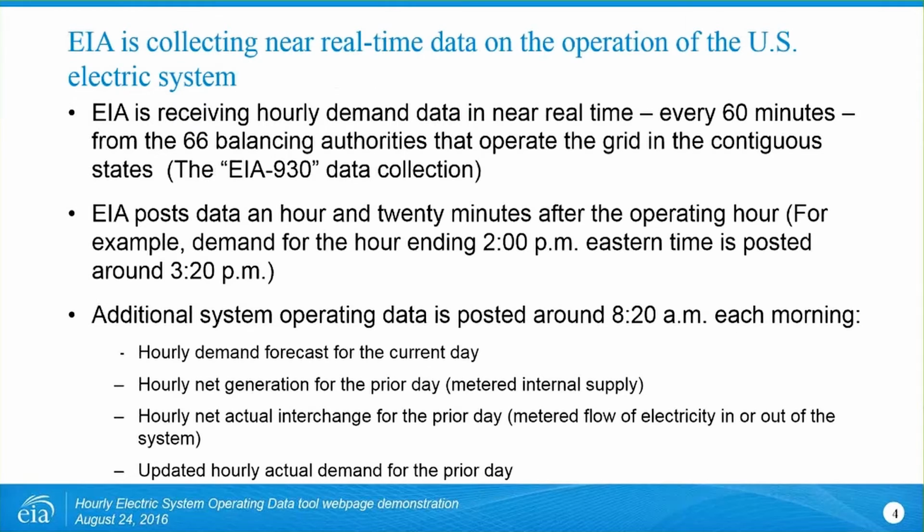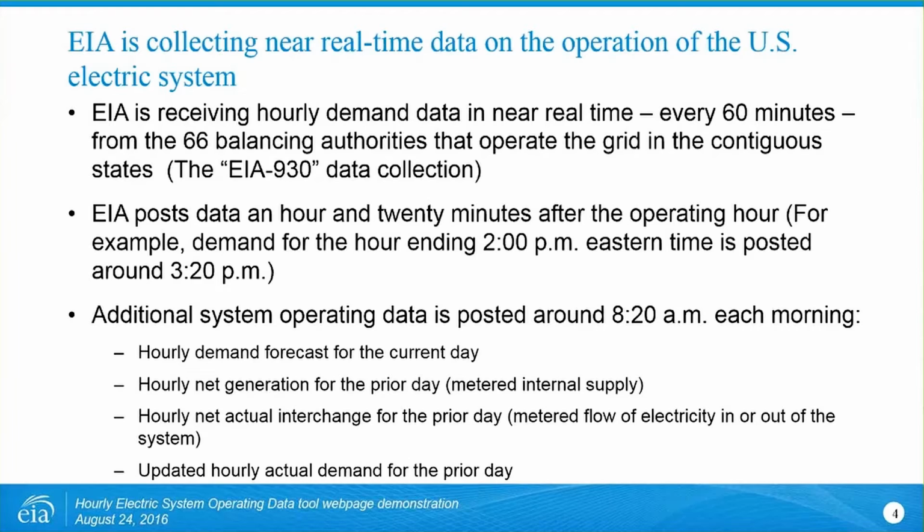All right, so what are we collecting? As I said, every 60 minutes we are collecting an actual hourly system demand value from each of the 66 electric systems, which are called balancing authorities, that operate the U.S. electric grid. I'll explain that in a second.